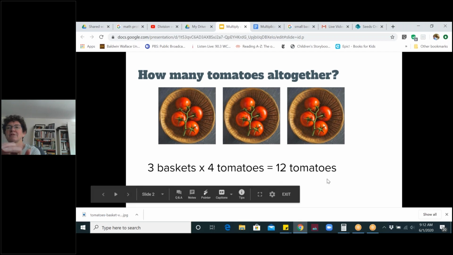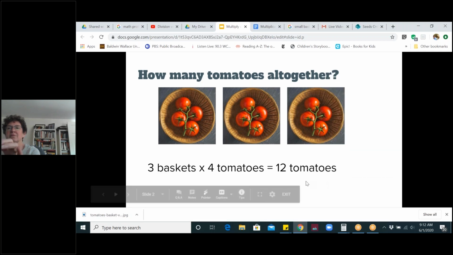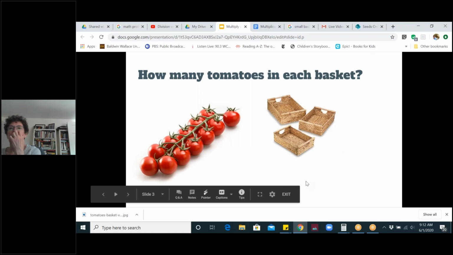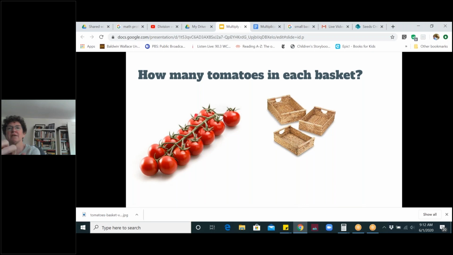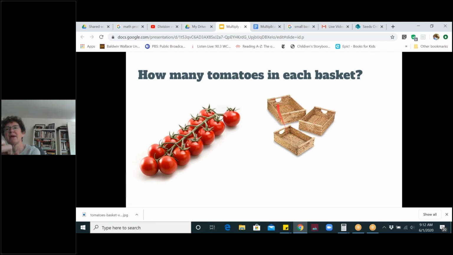Let's look at another simple concept to help us understand the next idea. So if I have this group of tomatoes, which is 1, 2, 3, 4, 5, 6, 7, 8, 9, 10, 11, 12 tomatoes, and I want to put them in 3 baskets with an equal number in each basket, what am I actually saying?